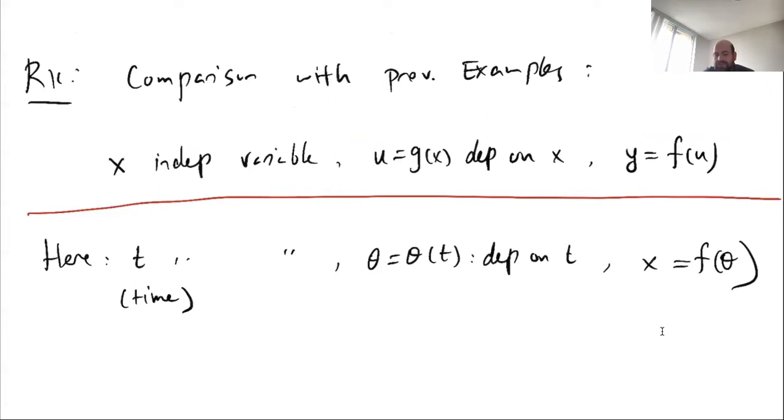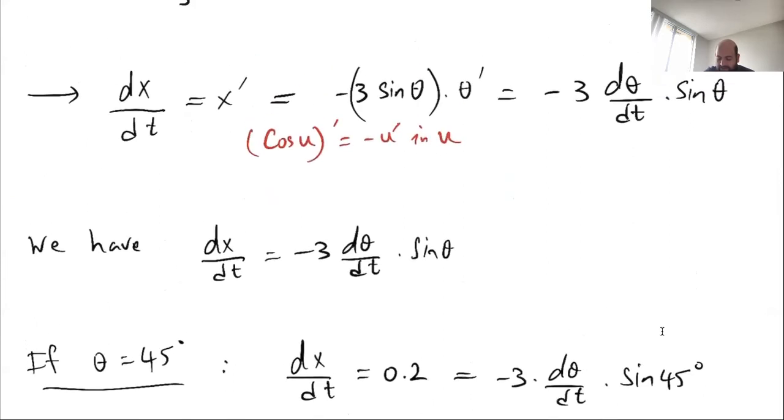Now, X has the role of Y in this example. X is a function of theta, and theta itself had the role of U. So if you have this in mind, you will see that the concept is still the same, just the letters that we are using are different. So I'm hoping that this does not make any confusion. Okay, so instead of X, we have T, instead of U, we have theta, and instead of Y, we have X.